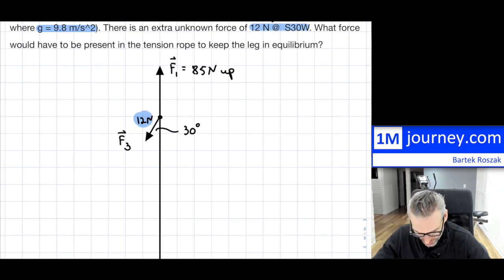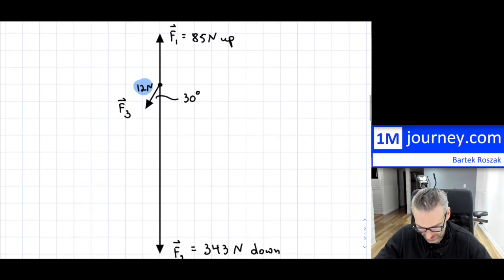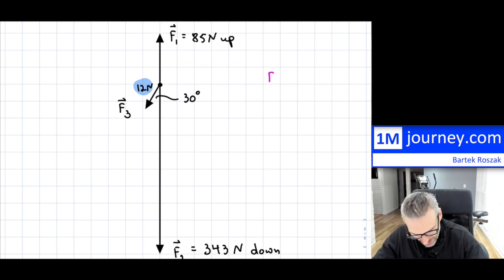So we're going to have to figure out the resultant force, and to keep this in equilibrium there's going to be some force somewhere over here, probably relatively large, but we'll find out. Let me remove this for the moment, and we'll call that force F4. This is what we're trying to find.